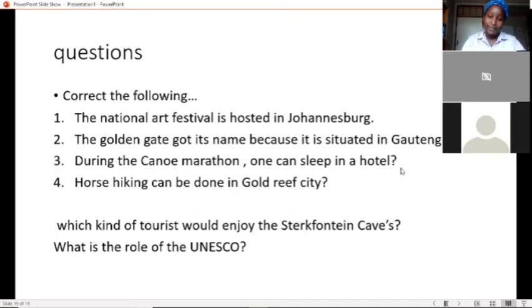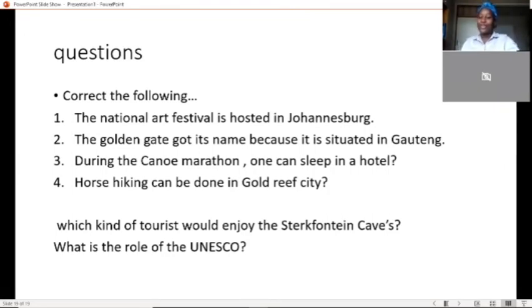Free State. Yes, it is situated in Free State. This question was just to dribble you a little, because golden, you think of Gold Reef City, City of Gold, everything, right?